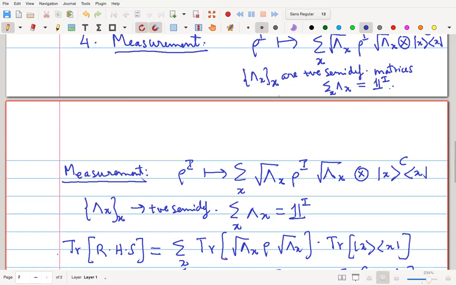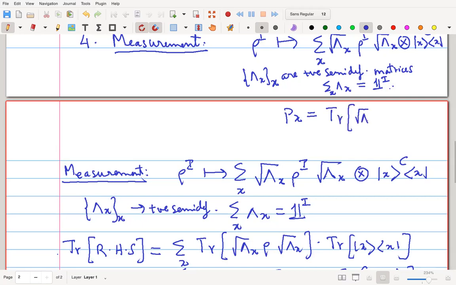Only when I add up the traces of all the blocks do I get 1. So this allows me to interpret the following: the probability of observing the outcome x. You may have heard that the outcomes of quantum measurements are probabilistic, and we are doing information theory, so there are probabilities everywhere. The probability of observing the outcome x is nothing but the trace of this quantity.